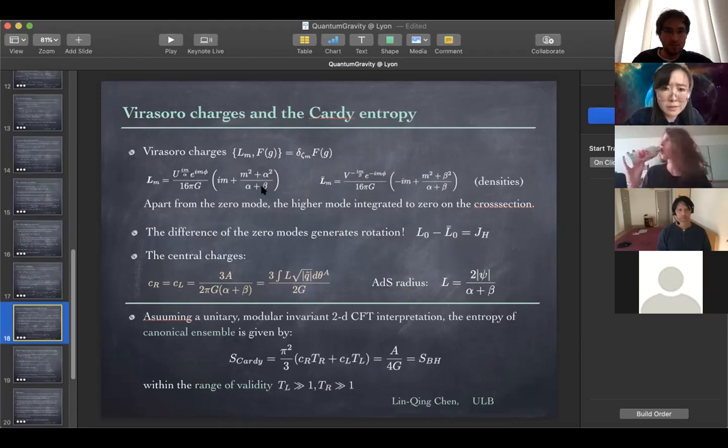For higher modes, I would say the cosmological constant only enters the charges as metric information. It doesn't deform the algebra.